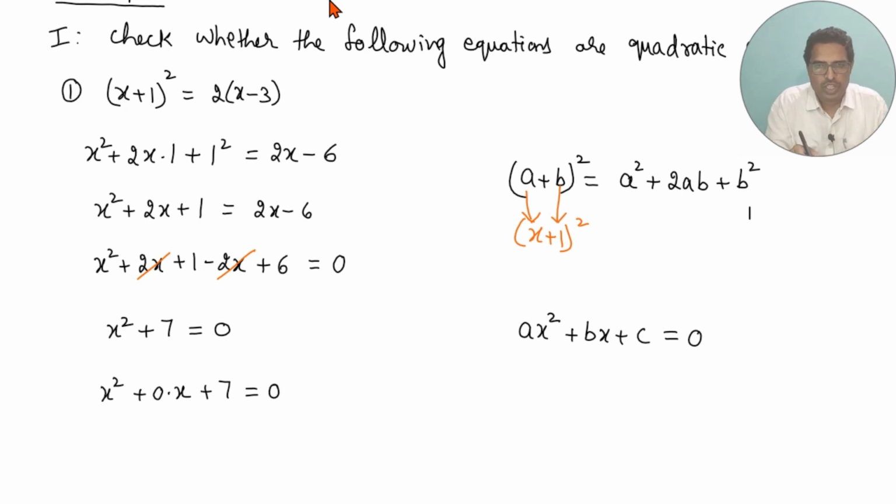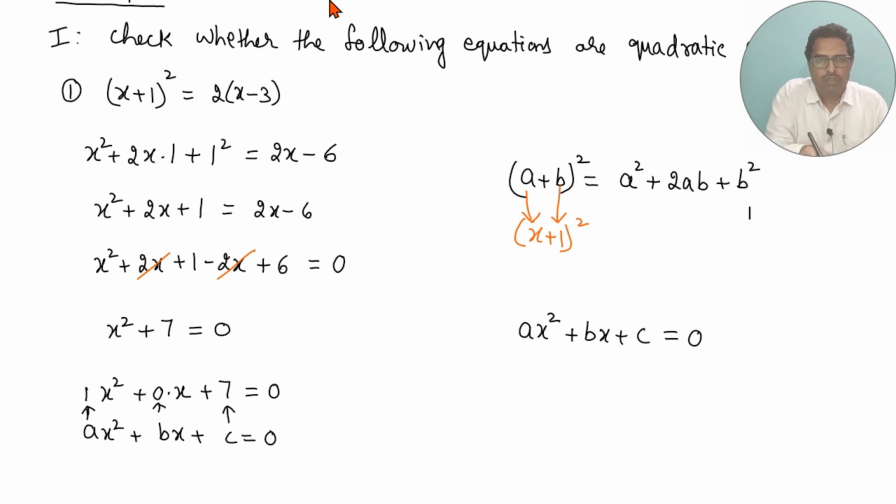Now this given equation is in the form of ax square plus bx plus c is equal to 0. The coefficient of x square is 1, so the value of a is 1. It is b times x, and the value of b is 0. And the value of c is equal to 7.